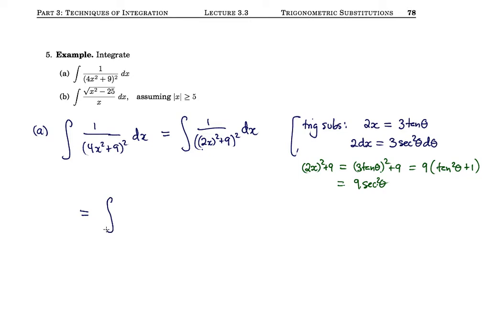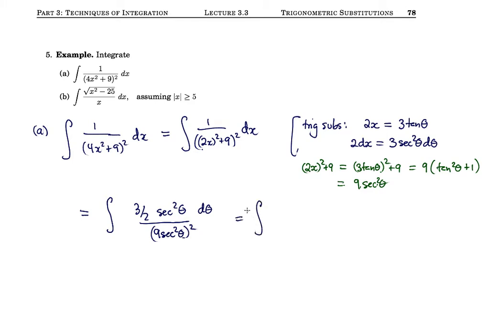So in this case, our integral becomes, well, dx is 3/2 secant squared theta d theta, and the 2x squared plus 9 becomes a 9 secant squared theta, all squared.